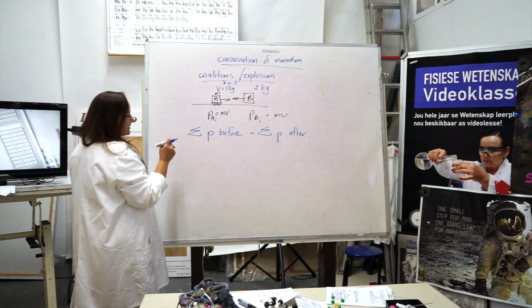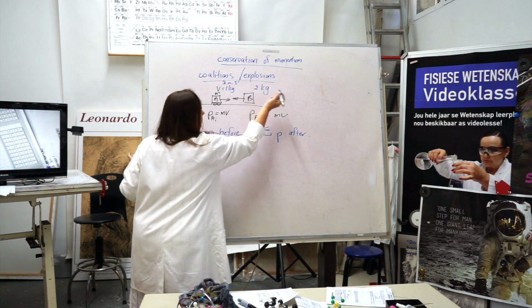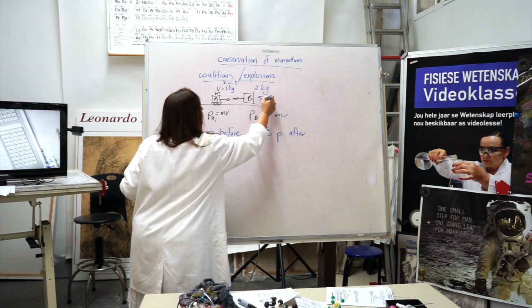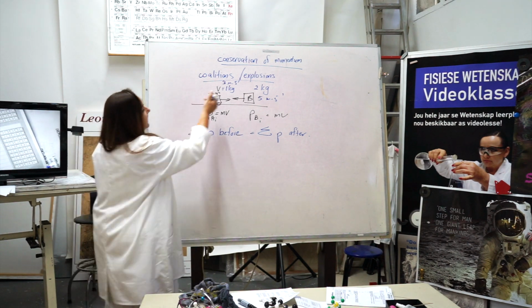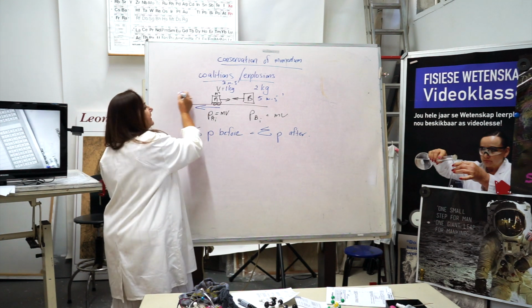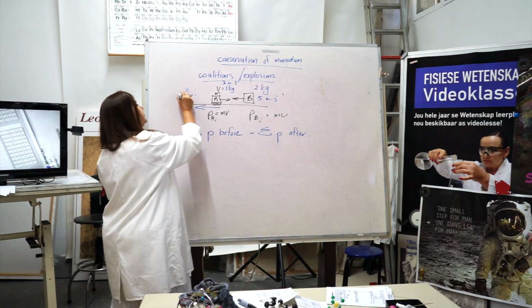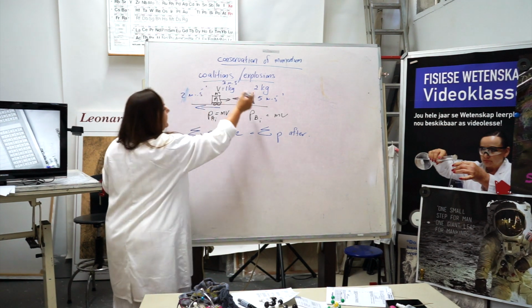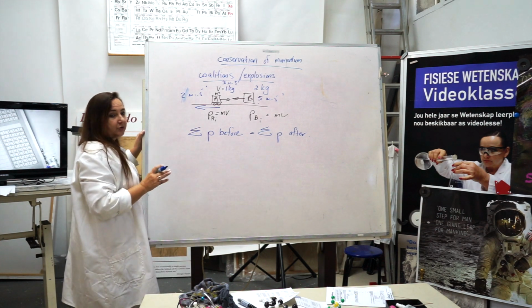And now the question is, if it's moving towards this one at, let's make it 5 meters per second, quite a lot of momentum, and this trolley moved back after the collision with, let's make it 2 meters per second, what would be the velocity of car B?